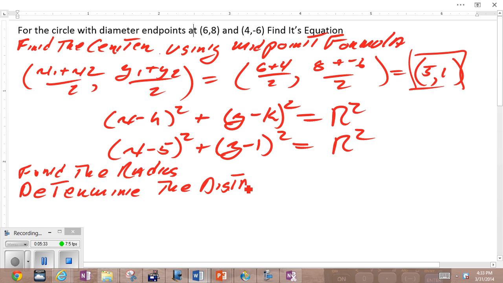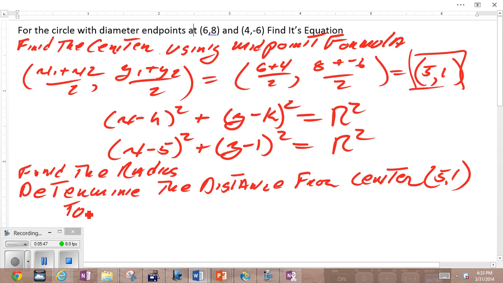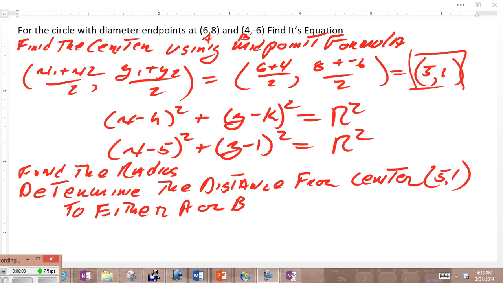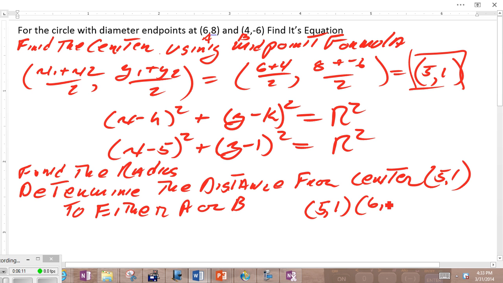Distance from the center, which is 5, 1, to either A or B, where this is A and this is B, these two points. So it's your call which point you want to use. That makes no difference. So I'm going to choose 5, 1, and 6, 8. Doesn't make any difference.